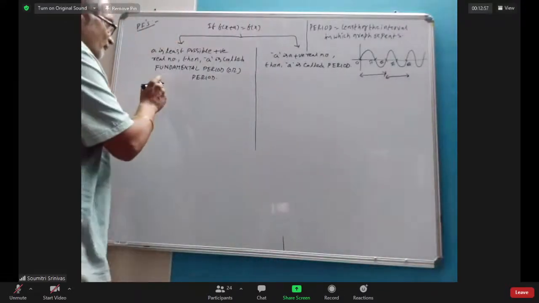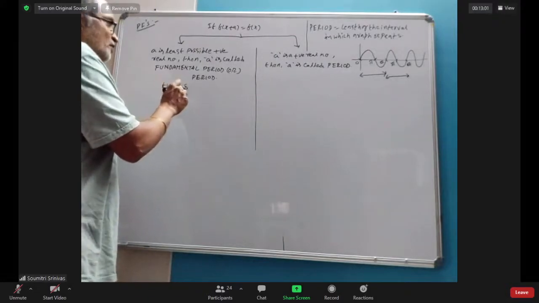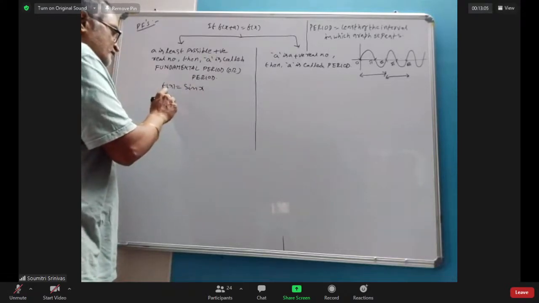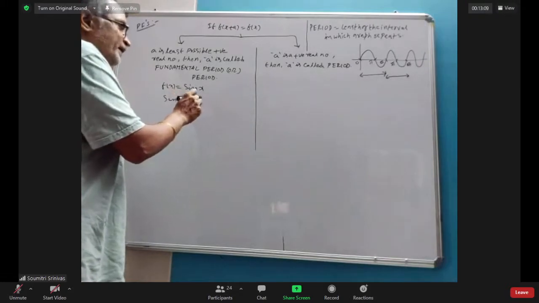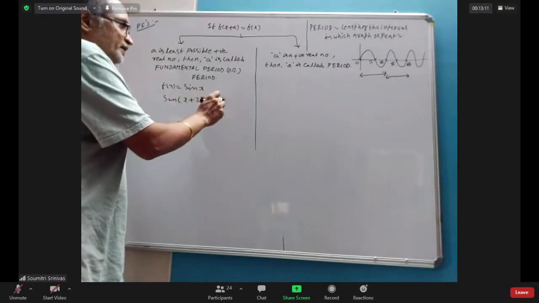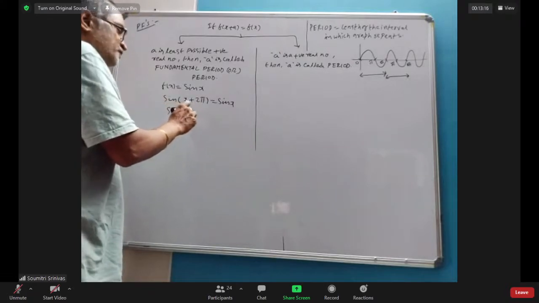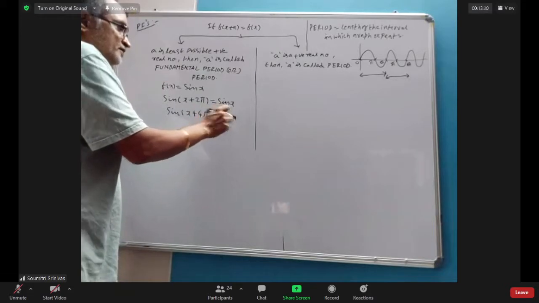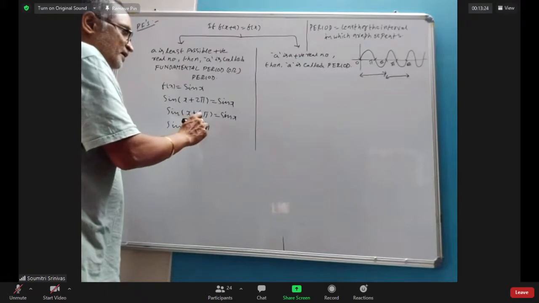Look here. f of x is equal to sin x. What is sin of x plus 2 pi? Sin x. Sin of x plus 4 pi? Sin x. Sin of x plus 6 pi? Sin x.